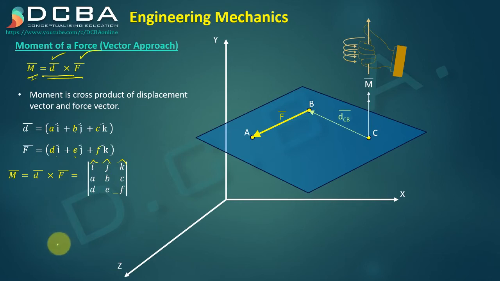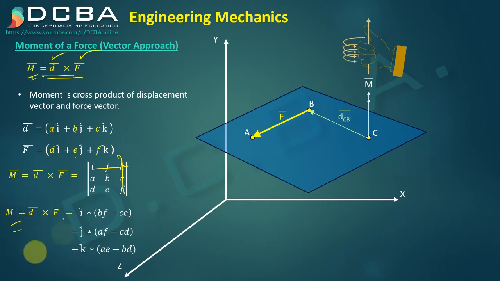Finally, what you will get is i cap into, cancelling out the first row and first column, bf minus ce, then minus j into af minus cd, then plus k into ae minus bd. This is how I will get the moment vector, right?